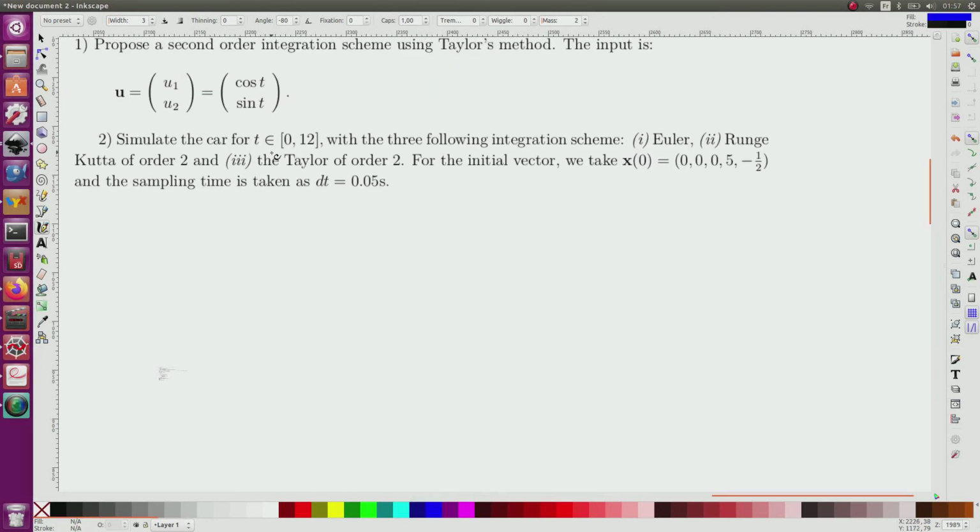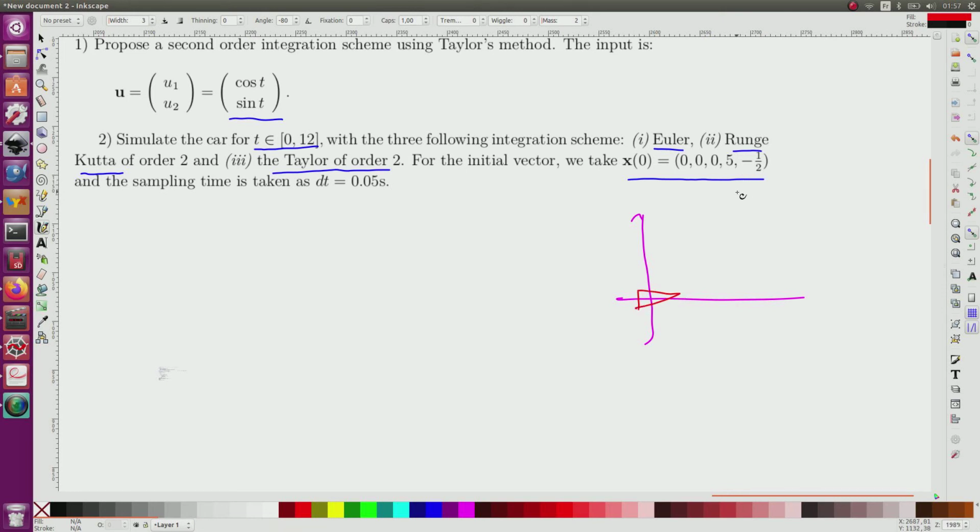For the second question, I have to simulate the car for a time between 0 and 12 seconds with different integration chains: Euler, classical Runge Kutta of order 2, and the Taylor method we had just developed in the previous question. Of course, u is imposed to be equal to this. The initial state is given by x0 like this, which tells us that the car or the robot starts at 0, like this.